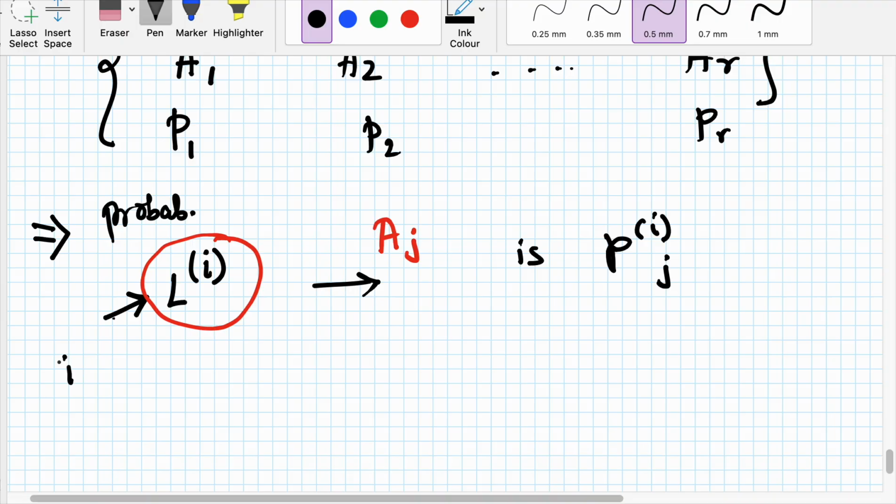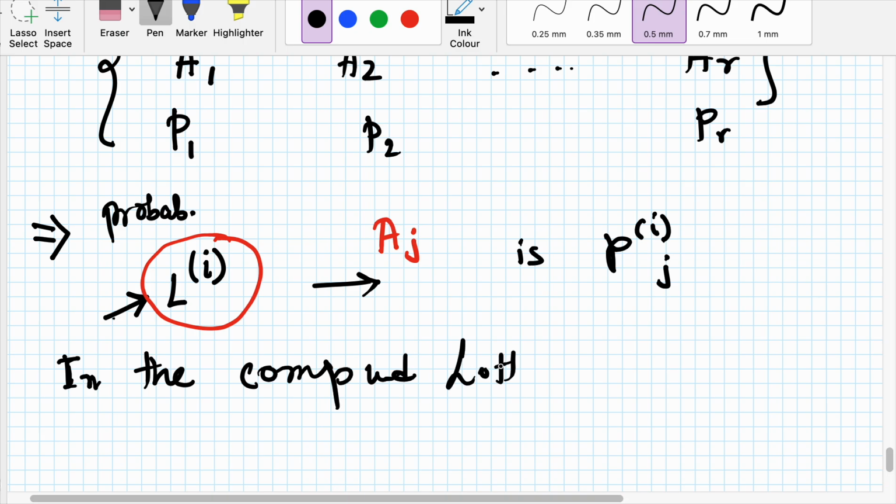Now in the compound lottery, what is the probability that this LI will occur? That is QI.